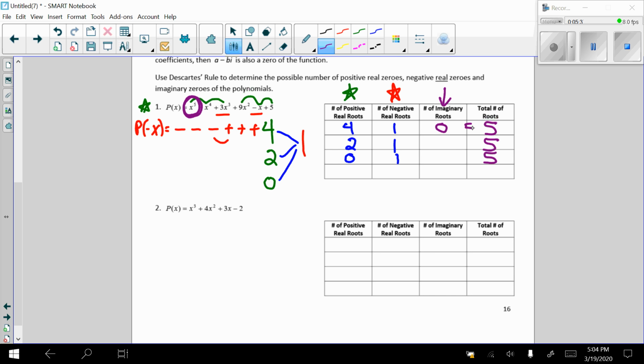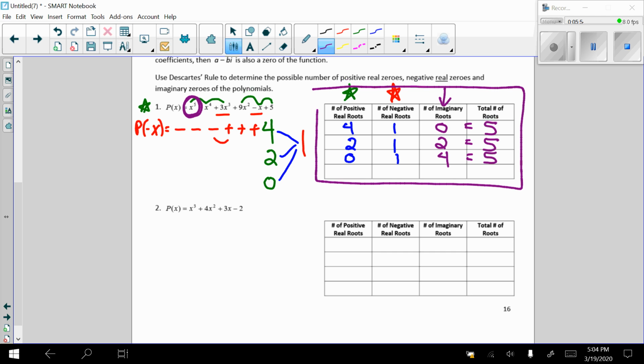That's one possible scenario for our roots. 2 plus 1 plus 2 equals 5. 0 plus 1 plus 4 imaginary roots equals 5. And that's it. We just figured out the possible combinations of positive, negative, and imaginary roots for this particular function.